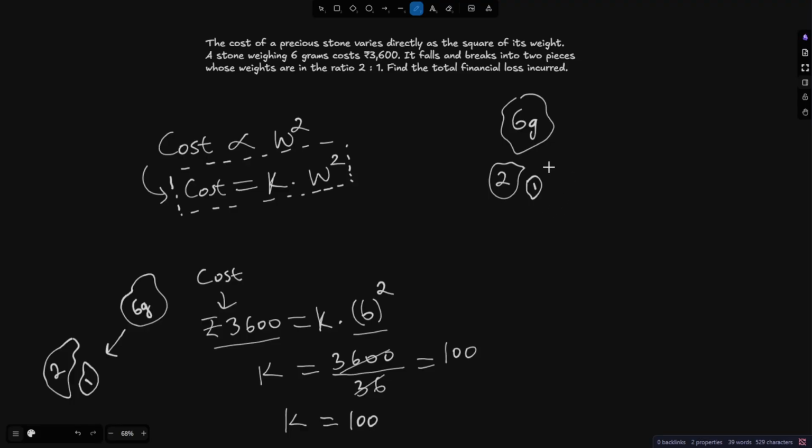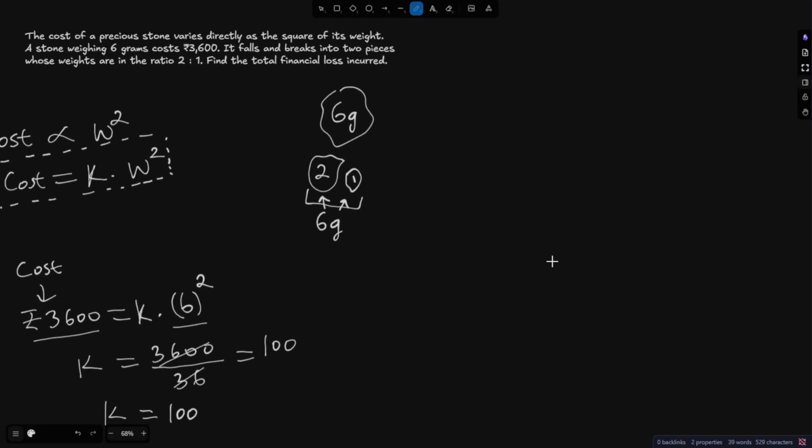So the total weight is still 6 grams, but this is now two parts and this is now one part. We can figure out the answer quite easily, but let's just do it mathematically, right? 2 plus 1, 3 parts. The 6 gram stone has been split into 3 equal parts. So 1 part equals 6 grams divided by 3 parts, which is 2 grams.